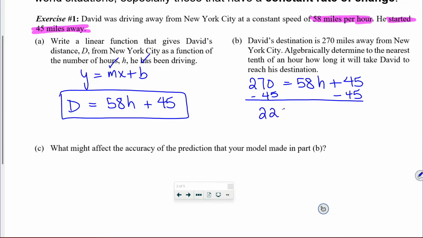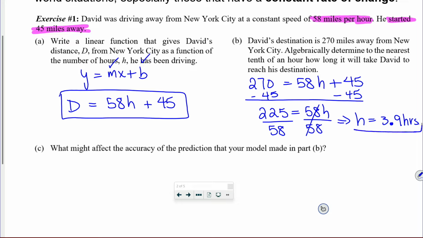That's going to give us 225 is equal to 58 times h. We'll divide both sides by 58, and that's a little bit of a messy calculation, but that then gives us that h is going to be, to the nearest tenth, 3.9 hours. To the nearest tenth of an hour.